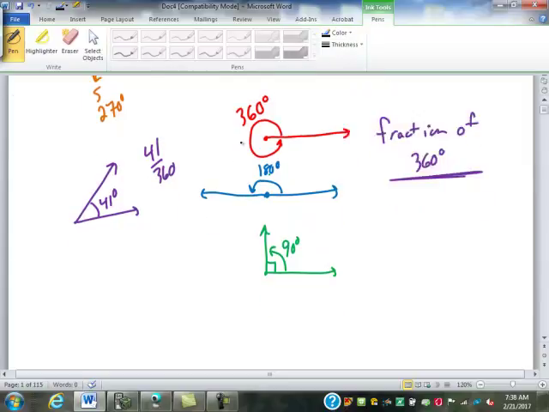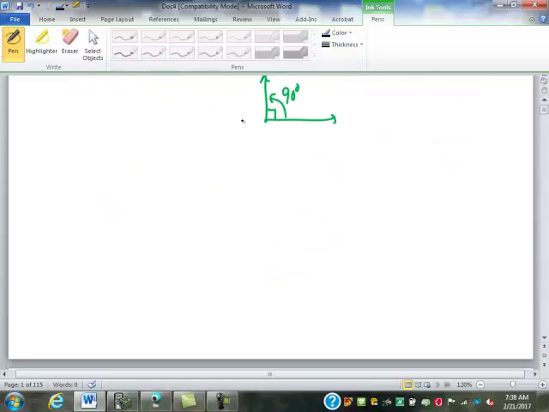Okay, so anyway, let's look at some relationships now. We've talked about this relationship, where we have two angles that add up to a straight line. So if this angle here is 72 degrees, what's this angle over here have to be?